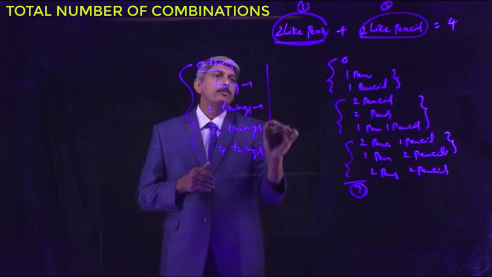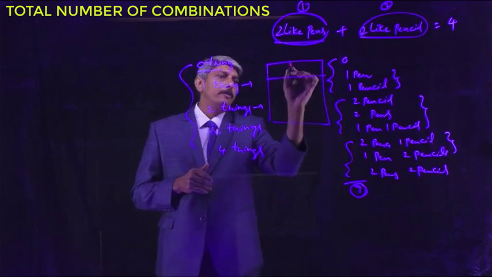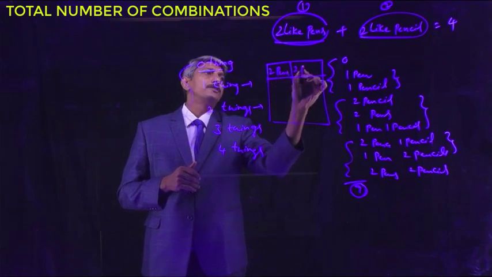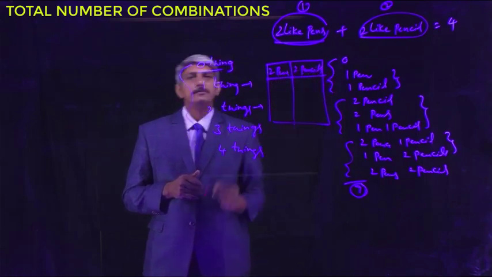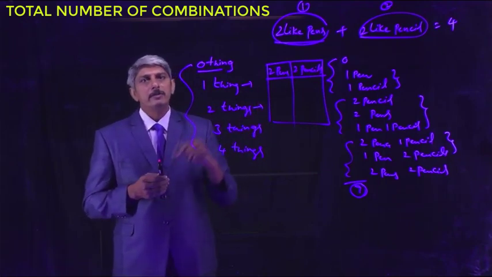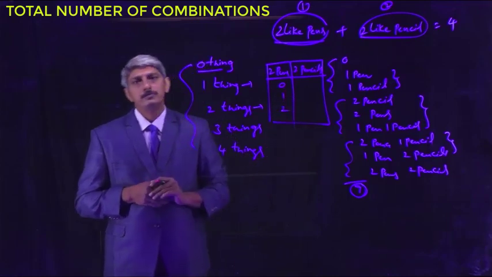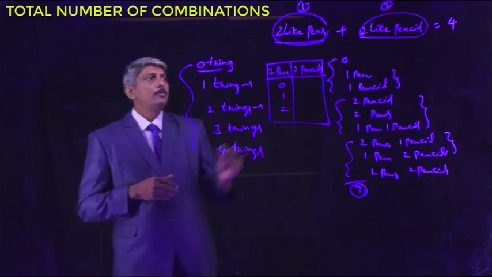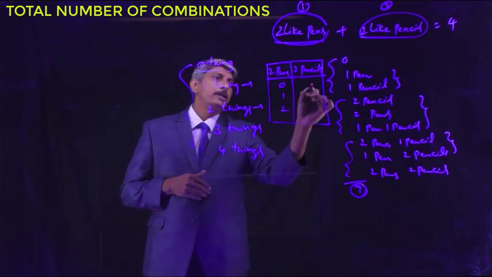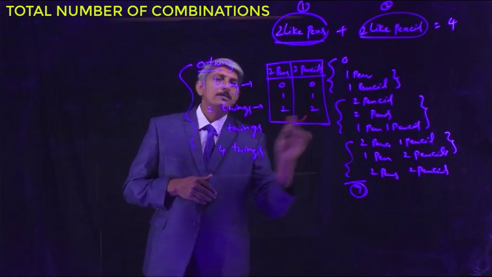Now consider a box divided into 2 partitions, 2 pens and 2 pencils. What are the possibilities for pens when we draw from the box? Either 0, 1, or 2. When drawing the pencils, again 0, 1, or 2. This is the first operation, this is the second operation.